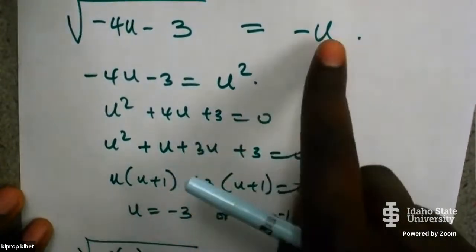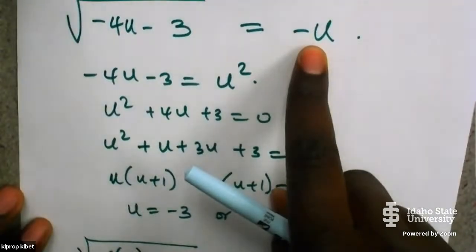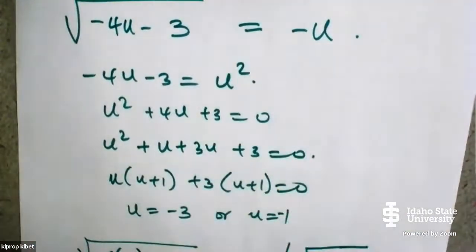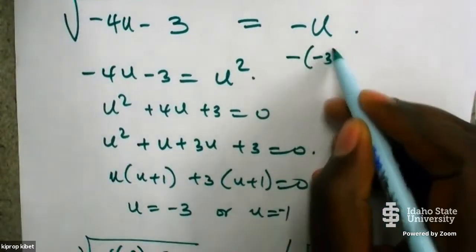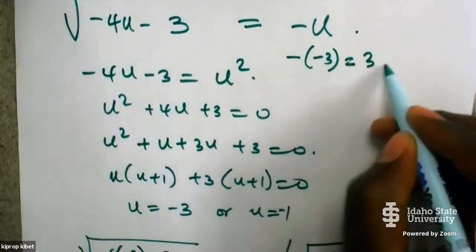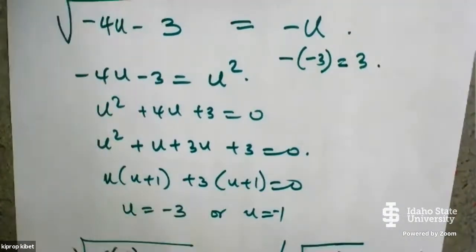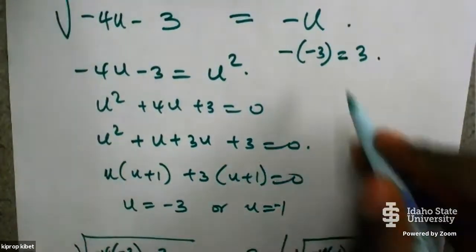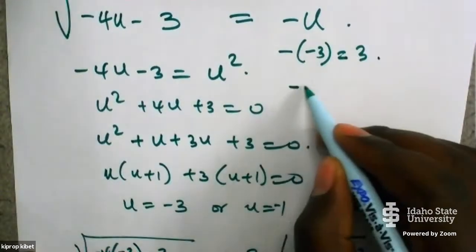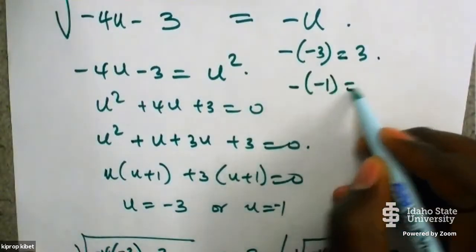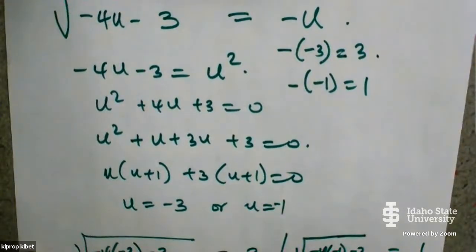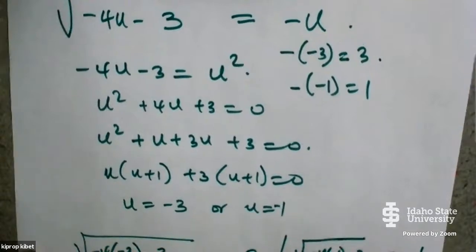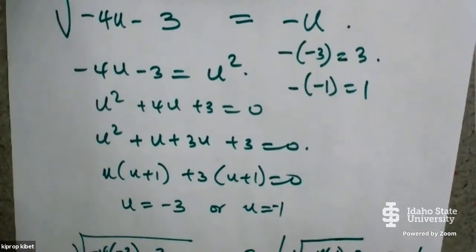When you take back u here, remember this is minus, so minus minus 3 gives 3. And this u is minus 1, so minus minus 1 gives 1. So when you check, it should agree.